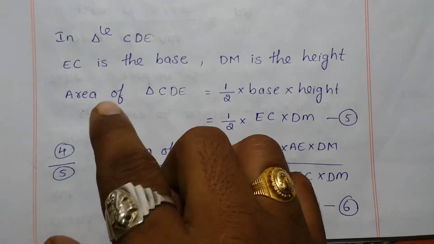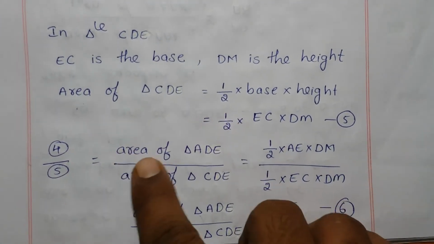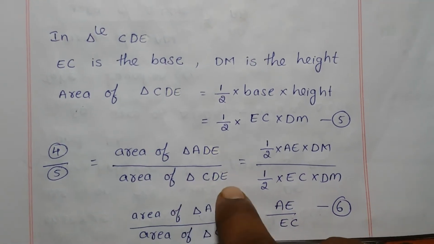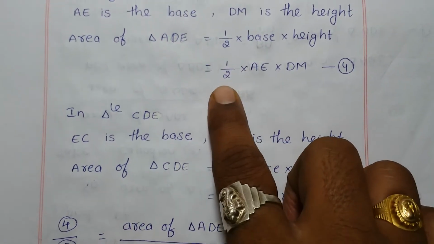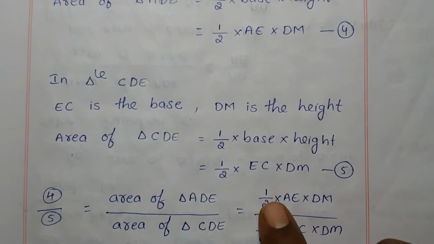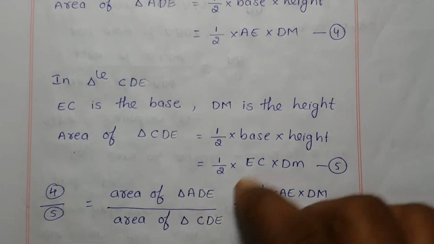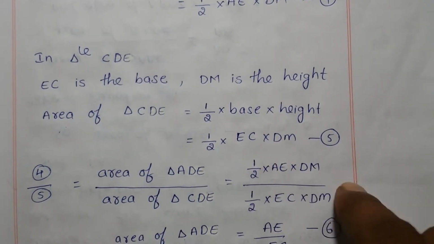Now divide equation number 4 by equation number 5. Equation number 4 is area of triangle ADE by area of triangle CDE. We know that area of triangle ADE is 1 by 2 into AE into DM, by area of triangle CDE, which is 1 by 2 into EC into DM.